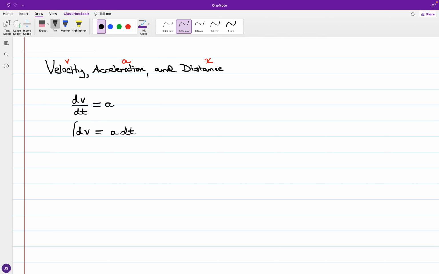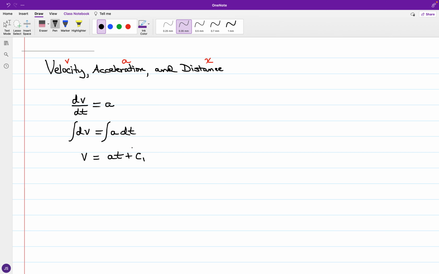Upon separating, we can integrate, and the antiderivative of dv is v, and for a dt, the antiderivative is at plus a constant, which we'll designate as c sub 1, because I'm going to carry this over and put it in the context of distance.